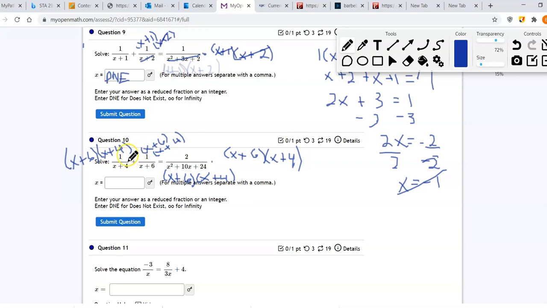Okay, so this x plus 4 is going to cancel out with this x plus 4, leaving us the 1 and the x plus 6. Right here in the second fraction, this x plus 6 is going to cancel with this x plus 6, leaving us the 1 and the x plus 4.